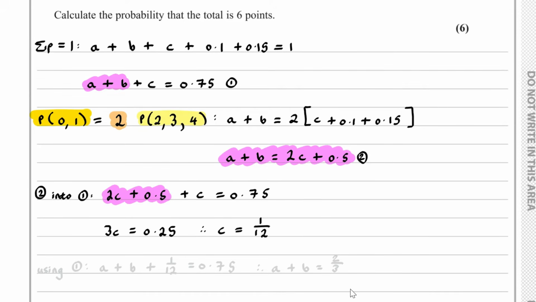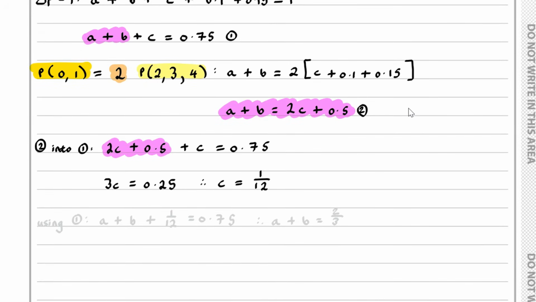And if we use equation 2, for example, we have a plus b equal to 2c plus 0.5, so here we've got 2 times 1 over 12, a sixth, plus 0.5, that will be 2/3.